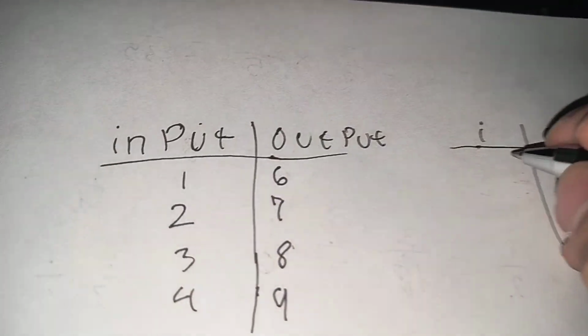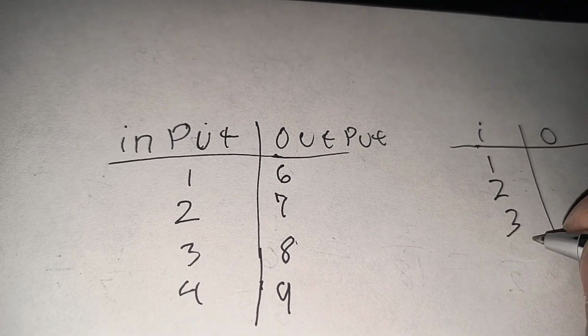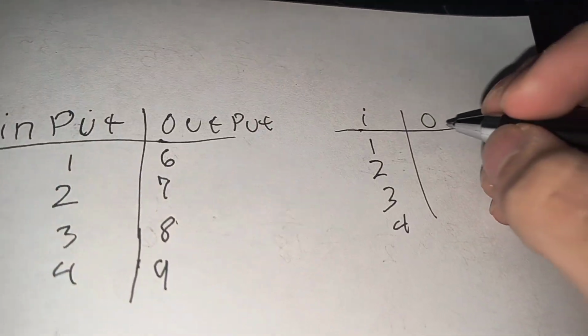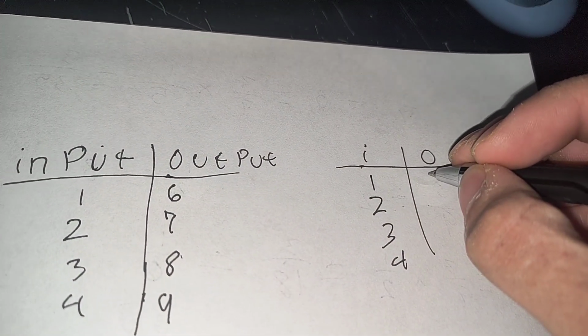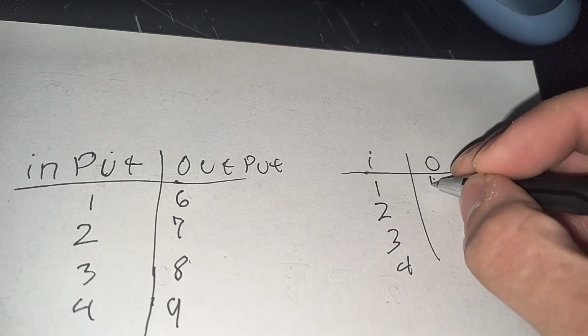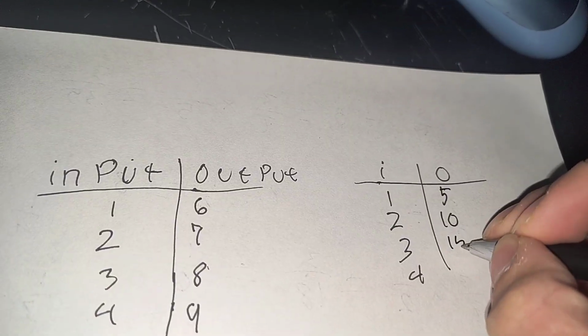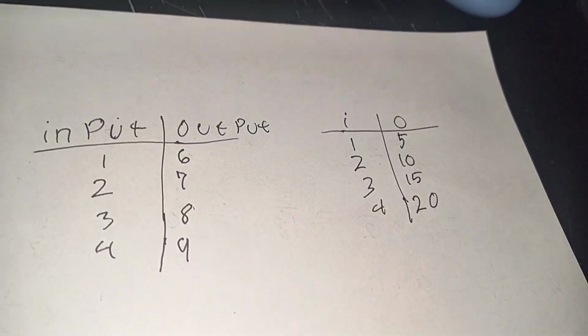Okay, let's say I input 1, 2, 3, and 4 here, and right here we get, let's say, 5 right here, and 10 right here, and 15 right here, and 20 right here.